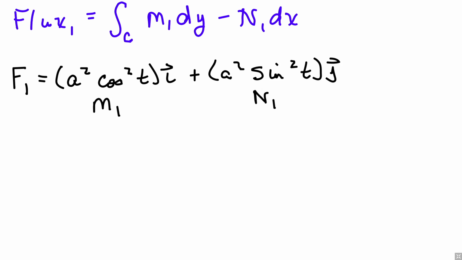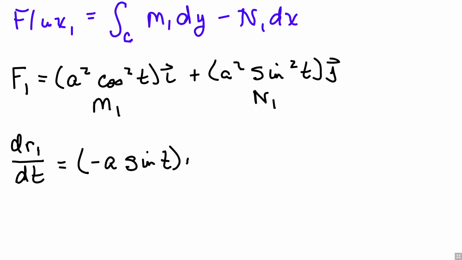Then for the next piece of this, we need to identify what dy and dx are. So here's what we're going to do. We look at dr1, taking the derivative of r1 with respect to t, and we said that was negative a sine t in the i direction plus a cosine of t in the j direction.